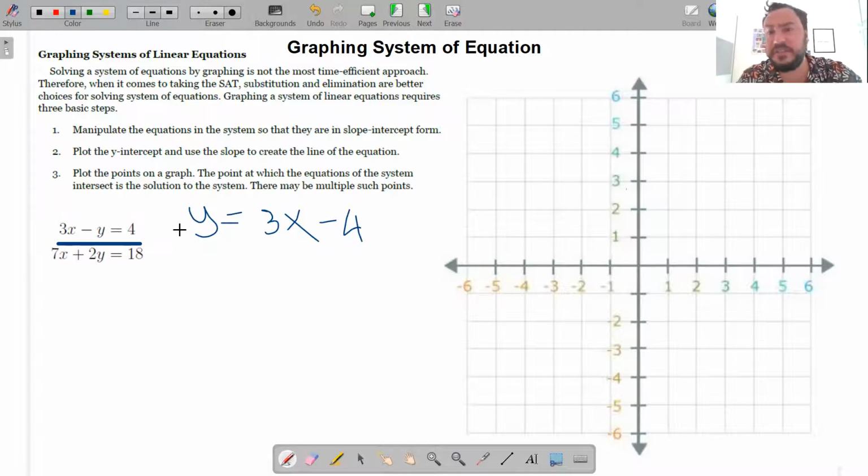So now I'm gonna graph this line with the slope and the intercept that I know, right? The y-intercept is -4, right? Now what I have to do, since my slope is +3, I need to move 1 step in the positive direction.